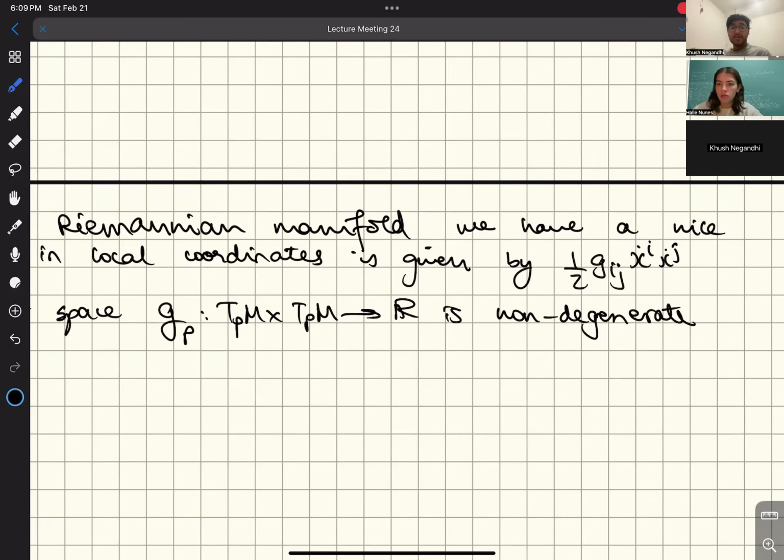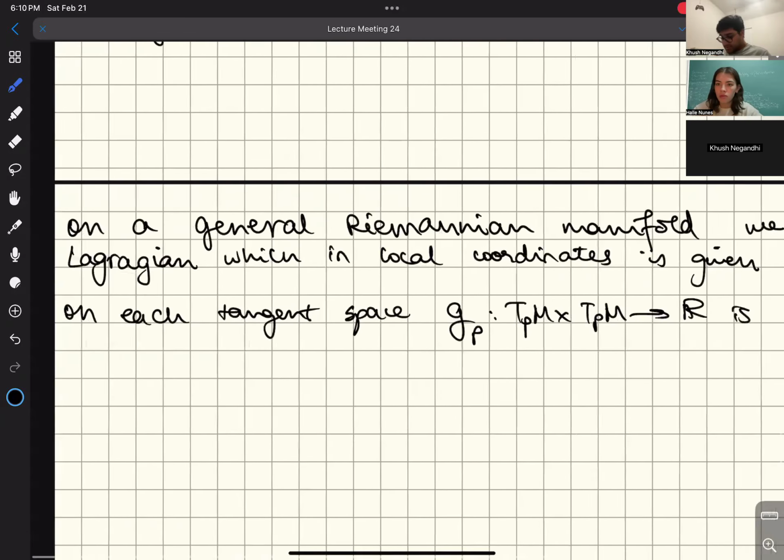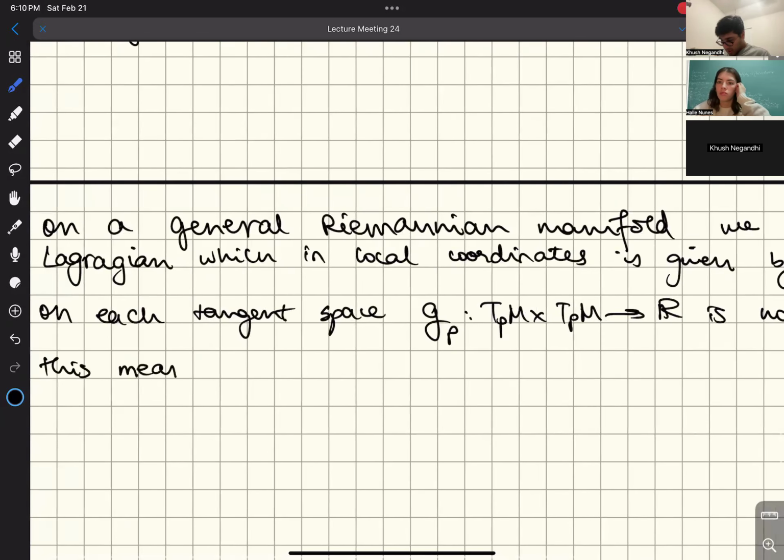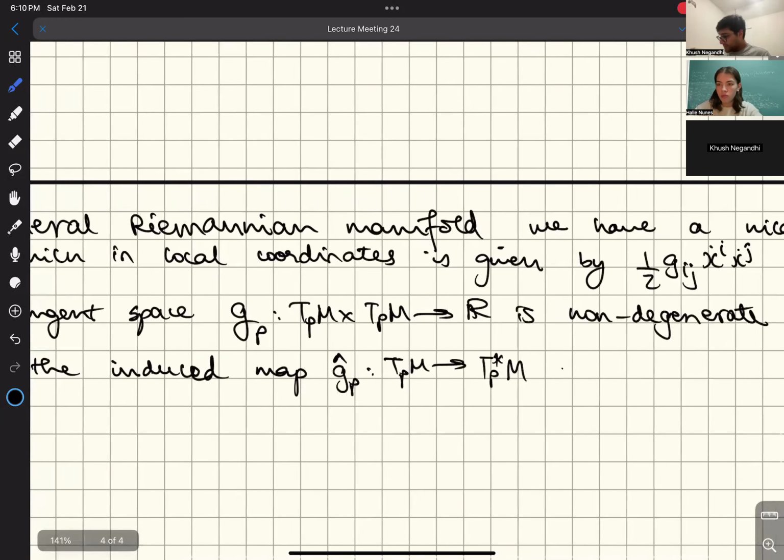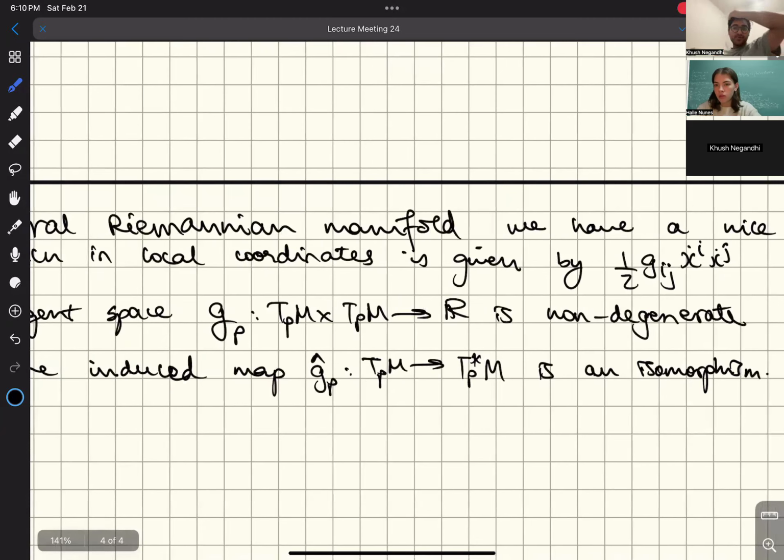Since it's non-degenerate, this means the induced map G_P hat from T_P into T_P star is an isomorphism. It also turns out that this is actually the Riesz isomorphism, which is even better. But okay, it's an isomorphism.